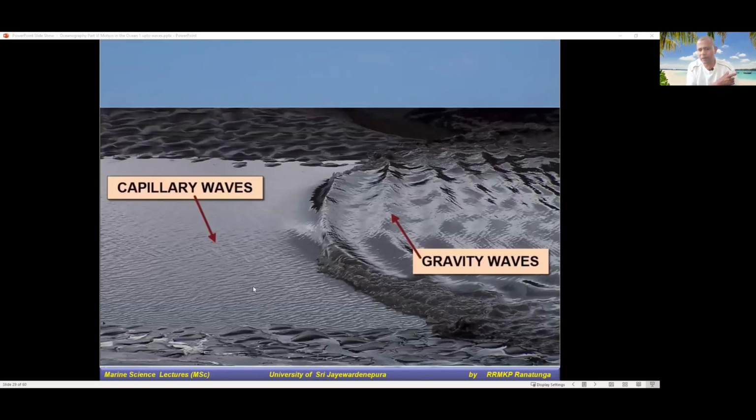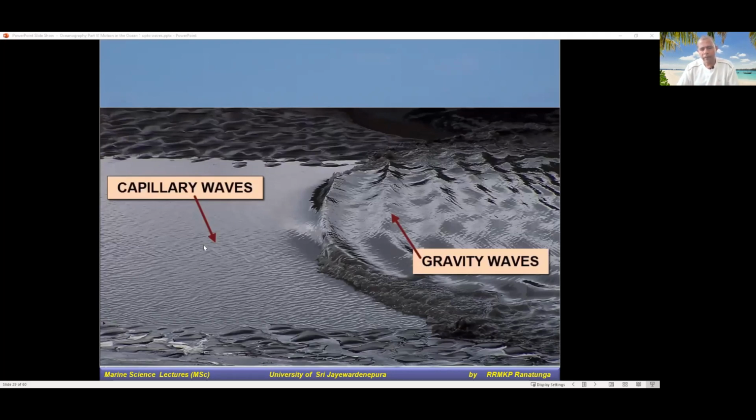That's why we talked about surface tension in the previous lecture: water has high surface tension, which means when the wind is trying to drag the surface water, the surface tension tries to restore it. That restoring force, in that restoration, starts to form small wrinkles, small wavy things.